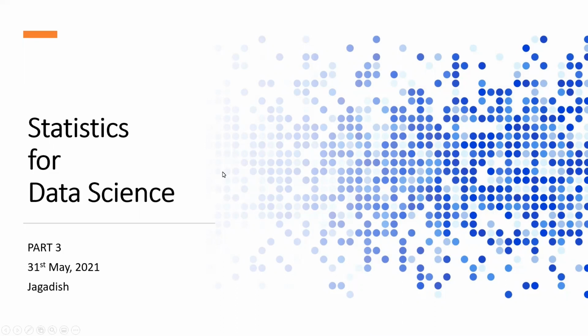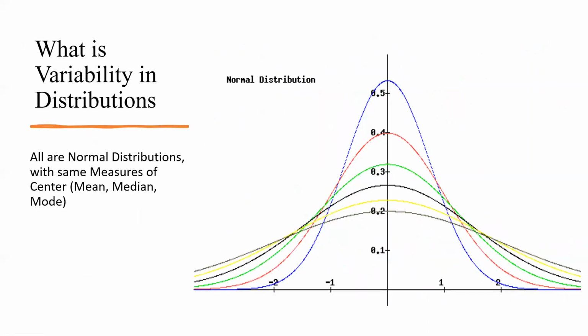Let's get started. If we see here, we have a bunch of normal distributions in the chart on the slide, and the different colors that you see are all normal distributions.